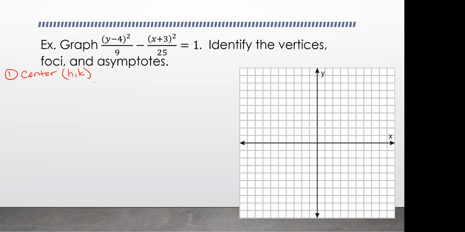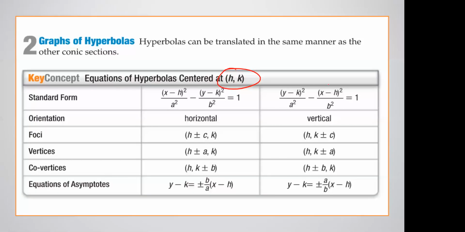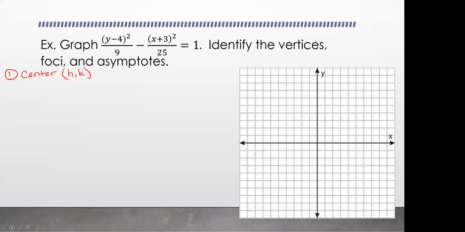So remember, center is (h, k). If we're looking at this, it's y minus 4 squared over, so we're using the equation with y minus k. We know this is going to be a vertical hyperbola, so just keep that in mind.